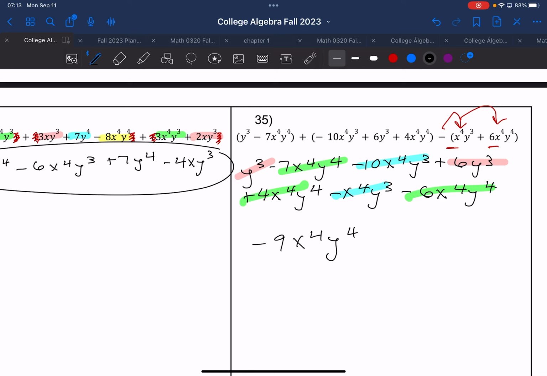And then I'm going to go ahead and bring down that negative 10x4, y cubed plus negative x4, y cubed, which is going to give me negative 11x to the fourth y cubed. And then lastly, these y cubes, I have 1 y cubed and 6y cubed, which gives me 7y cubed.